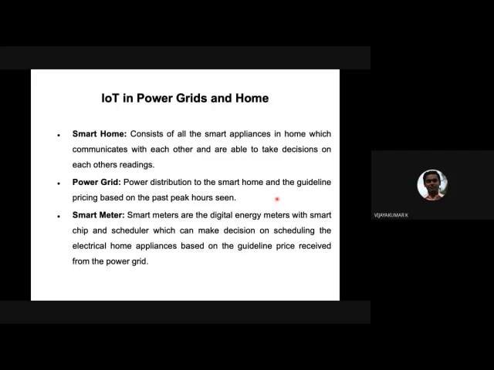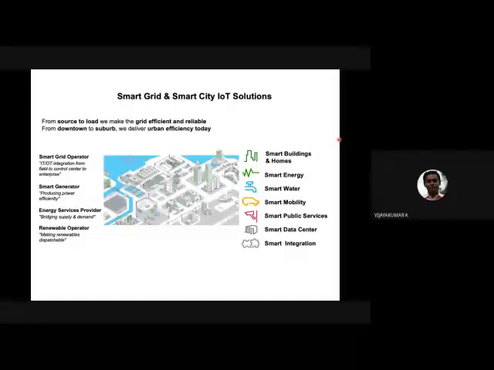So that's what we had discussed. Even if you are talking about a smart grid and a smart city, we cannot individually say anything. But if a smart grid is there, then a smart city is easy to implement, so it's clubbed together.